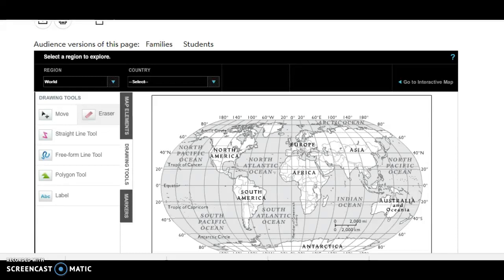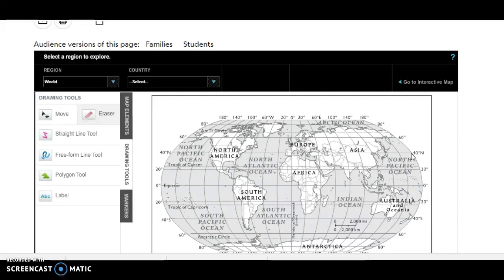Now, on our world map here, you will notice that there are some lines that run across and up and down. So the lines that run across are called lines of latitude. And you'll notice the one that's right in the center is also known as the equator.